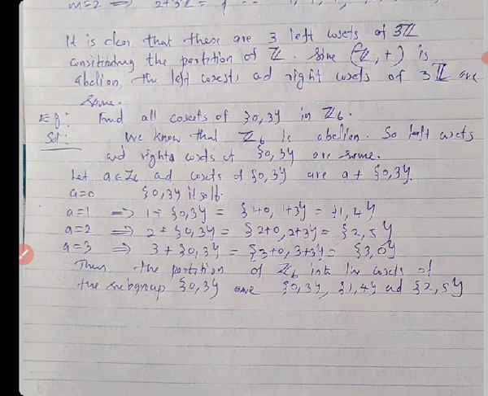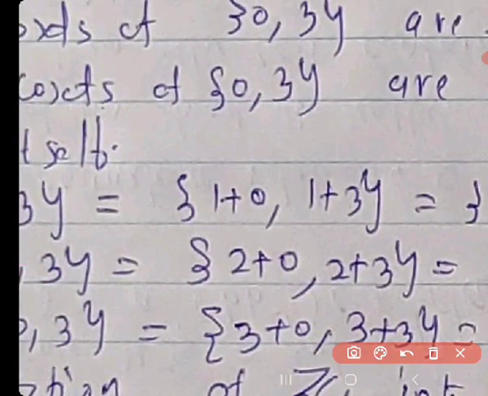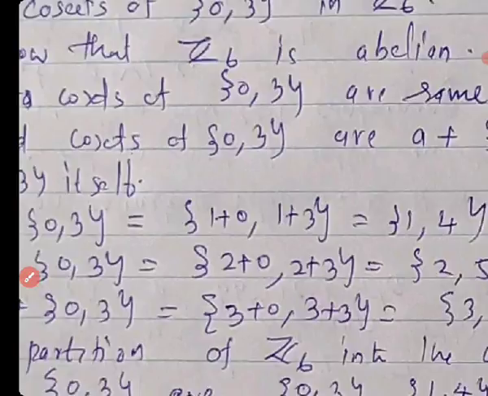For a equal to 1, you have to add 1 to each element of this subgroup {0, 3}, and adding means addition modulo 6. I have simply written 1 plus 0, which is nothing but 1 plus 0 modulo 6. I haven't written that, but you should understand that it is our binary operation on Z6, so beware of that.